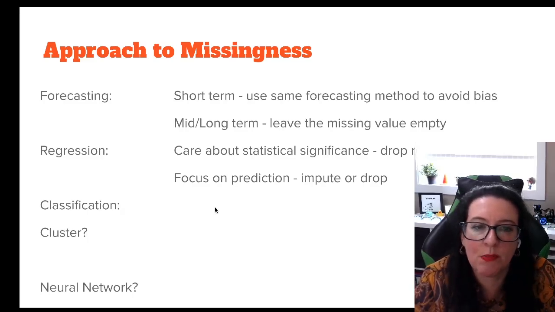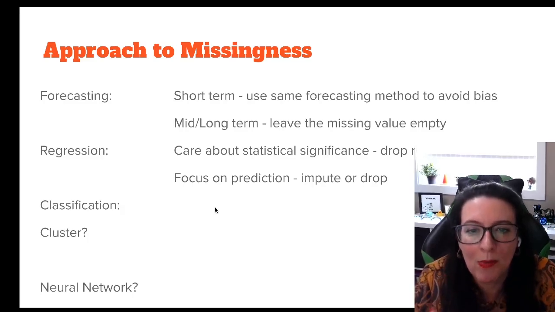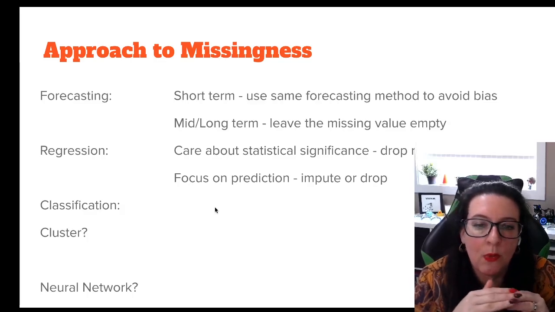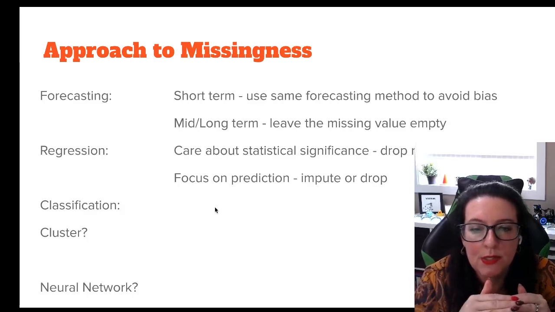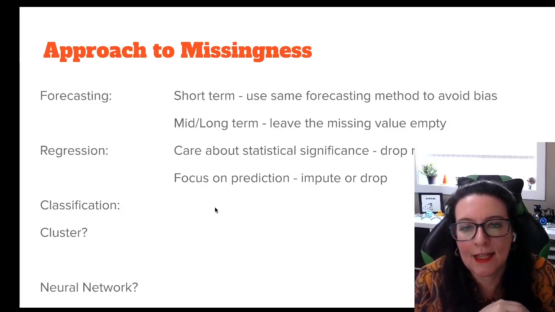When you have regression models, if you're caring about the statistical significance, which variables are having how much impact on whatever you're trying to predict, then what we need to do is just drop the missing information. Don't impute, because what you're doing when you impute is you're reducing the amount of variation in that data.